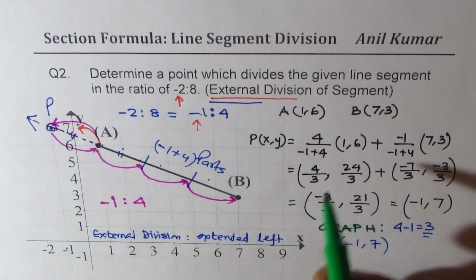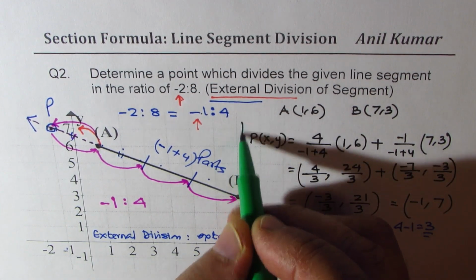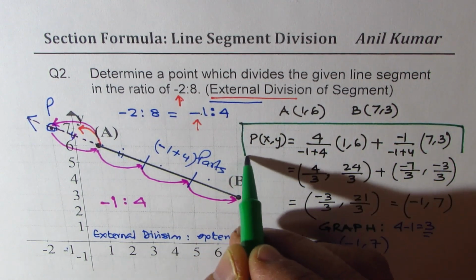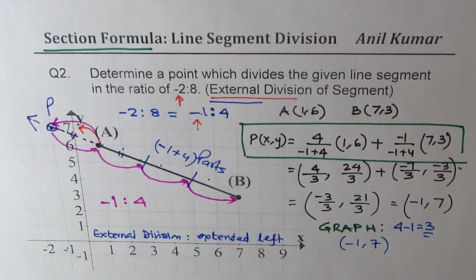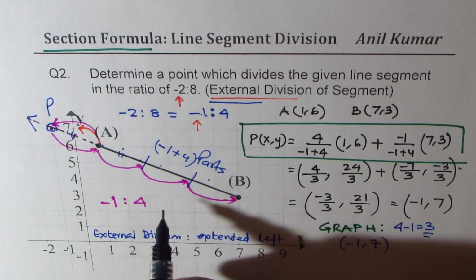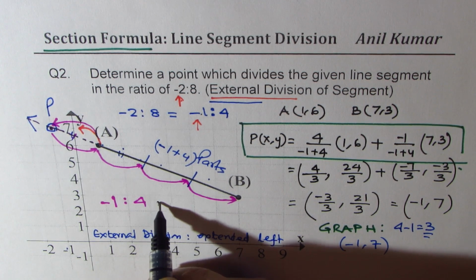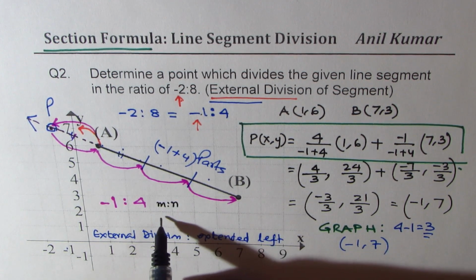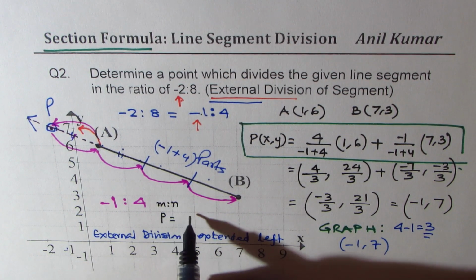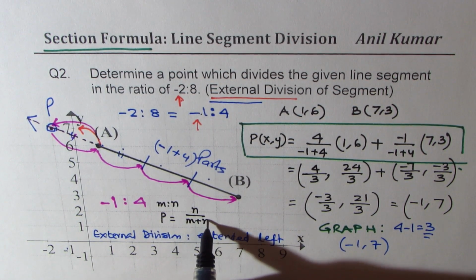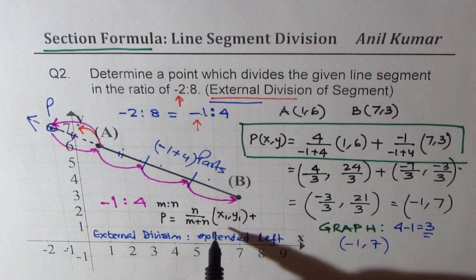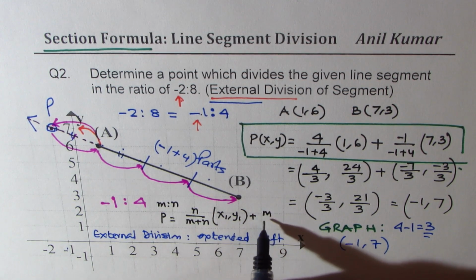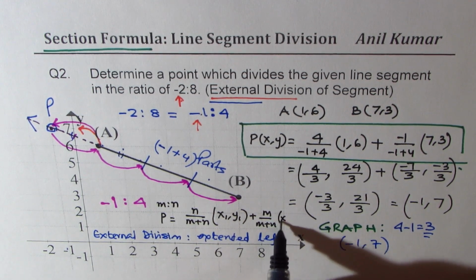Now this formula, which I've just discussed with you and applied twice, is called section formula. Very important. It is called section formula. So basically, if you have to divide a segment into the parts m is to n, in that case the point will be n over m plus n times x1, y1, the first coordinate point, plus m over m plus n times x2, y2.